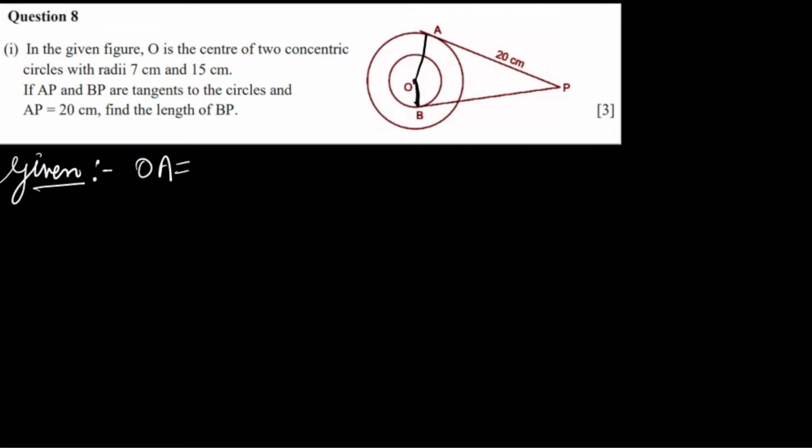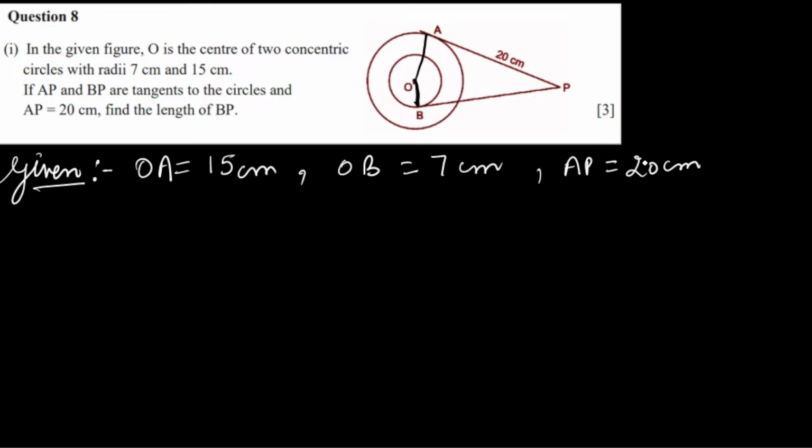OA is the radius of the bigger circle. I've just joined O and A and O and B. So OA is equal to 15 centimeter. The given things I'm writing: OB is equal to 7 centimeter and also AP is given to us. AP is equal to 20 centimeter.